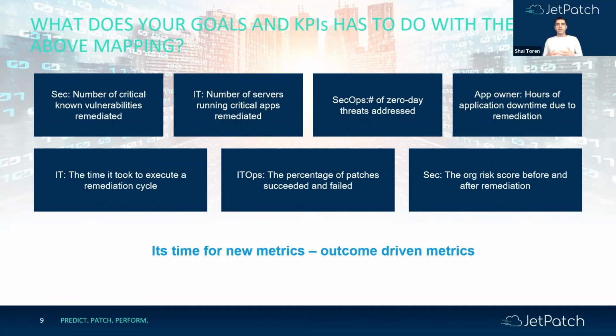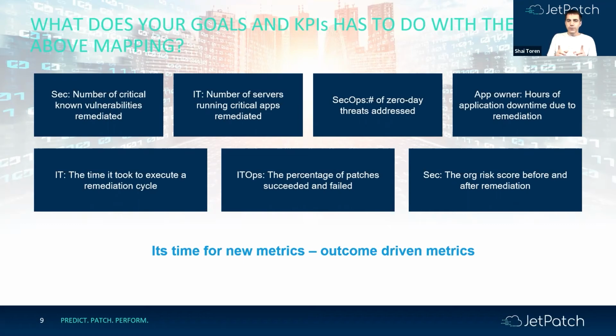If I'm an application owner, I will measure the number of hours that the application is down due to remediation, and so on and so forth. But guess what? If you look at these KPIs and you try to match them against the challenges that the enterprise is facing, you will see that these KPIs are really not matching, they're not overlapping with the challenges that are set to this specific group.